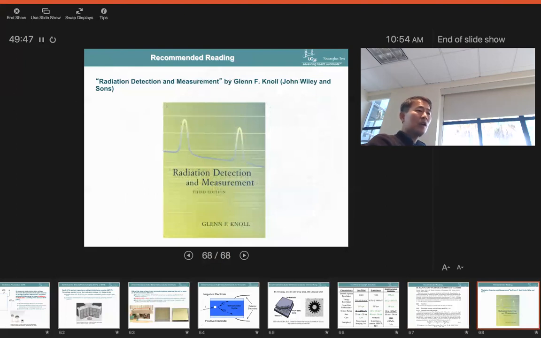Of course, if you're really interested in learning about radiation detection principles in general, this is the textbook that you certainly have to consider buying. Glenn Knoll was giving some small lectures about radiation detection, coming out of his textbook, at one conference he attended regularly.